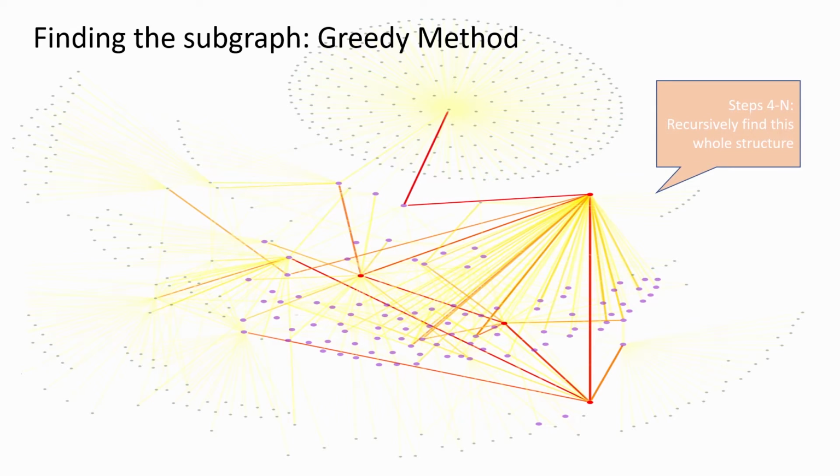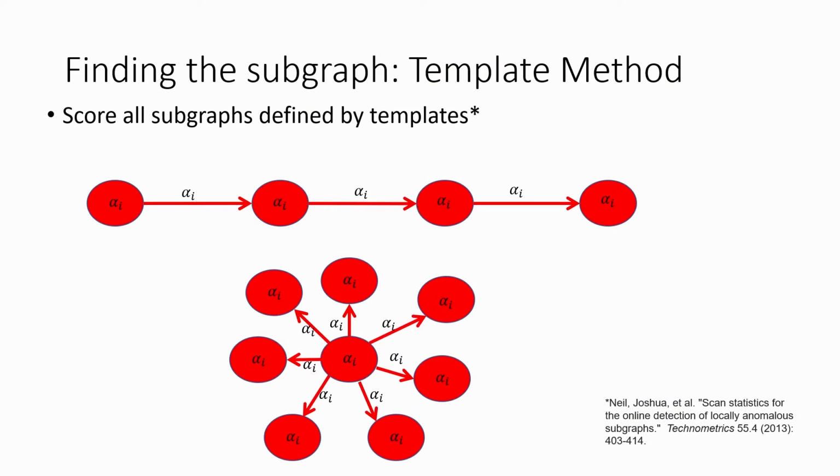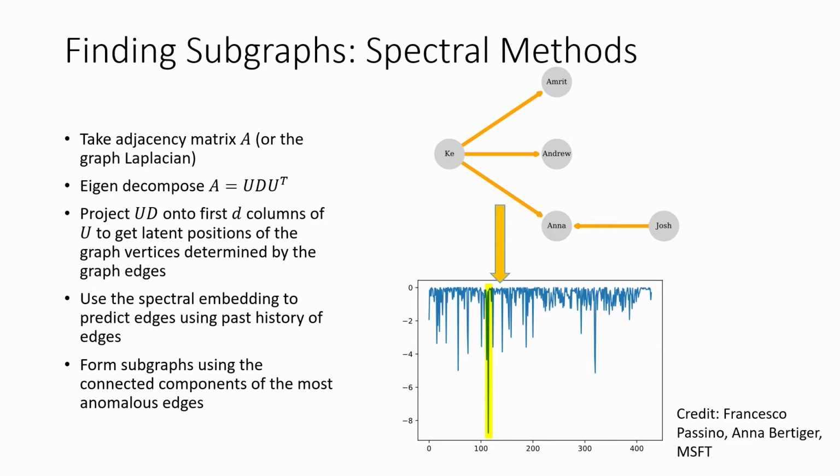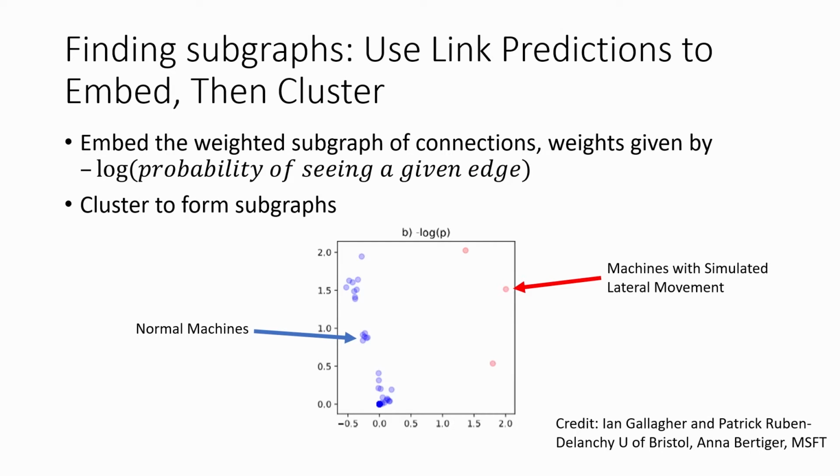But in the setting of spectral methods, we can observe whole graphs at a time. Like in minute 1, we have this graph. In minute 2, we have this graph. They change subtly. And this particular method is about identifying those changes from a spectral approach in the sequence of time series of graphs. And that's about all I should do. I'm going to murder you guys. That's probably already too much.